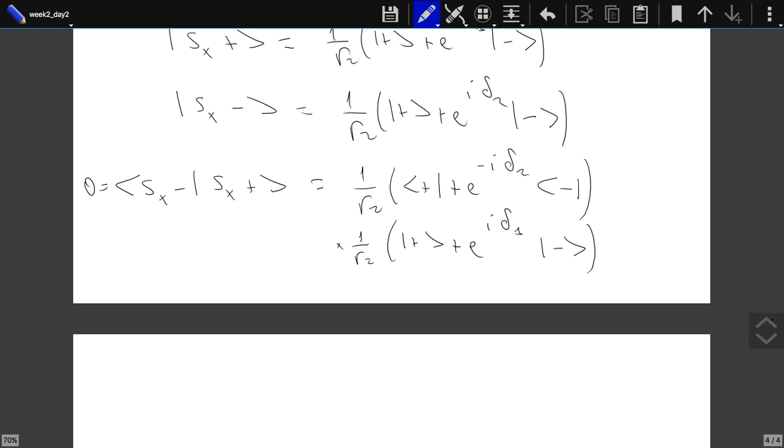Now this plus and minus state, by definition, are orthonormal. So if you just multiply this out, 0 should be equal to 1 over 2 times: plus gives me 1, plus e to the power i delta 1 minus delta 2, minus is 1, and the cross products are all 0. So this should be equal to 0.